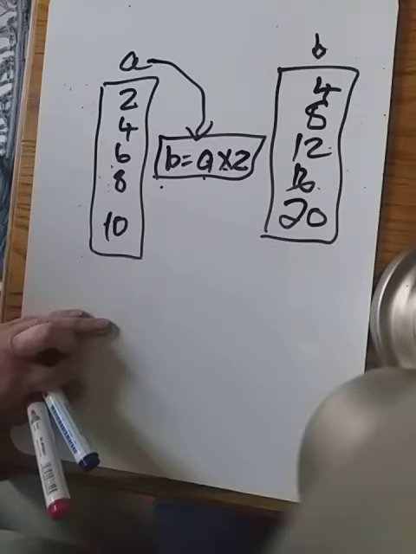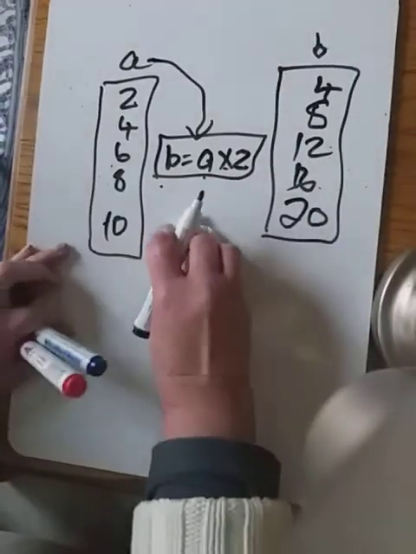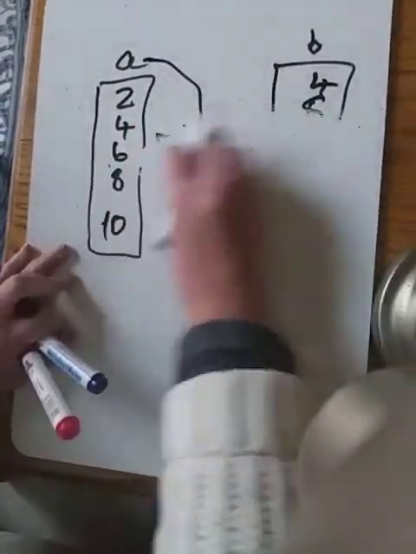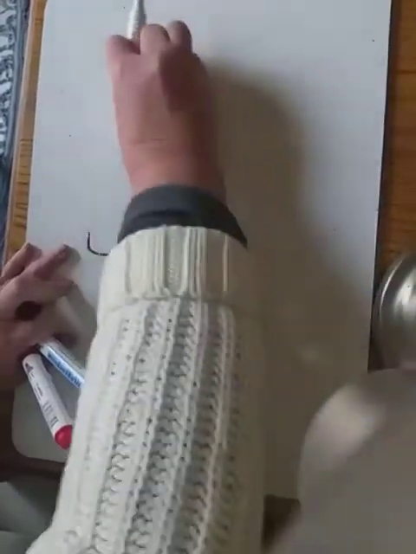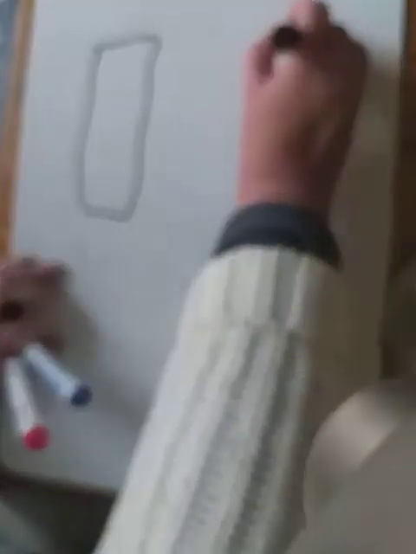Right at the end, it says complete the spider diagram. But now you've got to find the rule. So if I give you the numbers, you tell me what happened to them. Here's the sum.